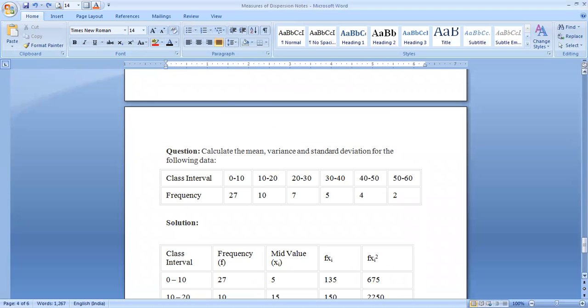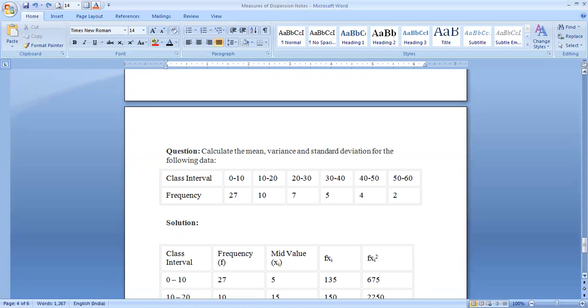Now next we take an example to understand mean, variance and standard deviation. The question is: calculate the mean, variance and standard deviation for the following data.